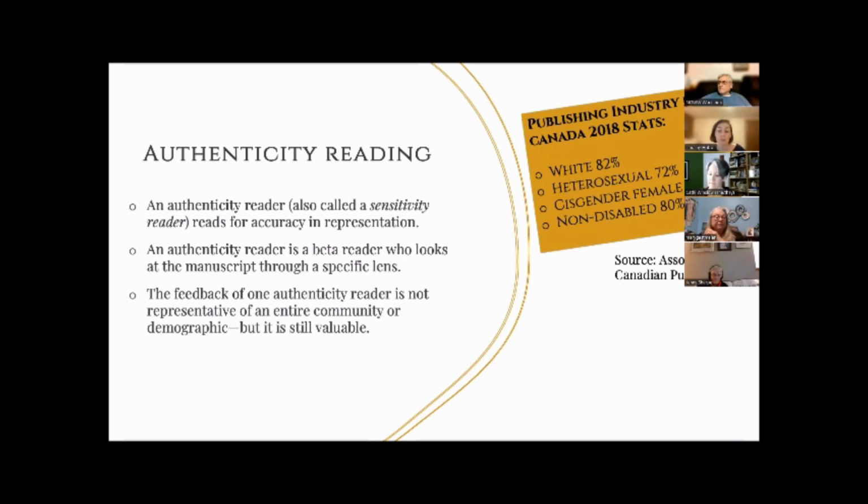Because the publishing industry, as you can see in the little yellow box here, is pretty homogenous. So even if a manuscript goes through the entire publishing process and is seen by multiple different agents, editors, marketers, the whole team, issues of representation and authenticity can still be missed if there is little diversity among those involved in the process, which there is.